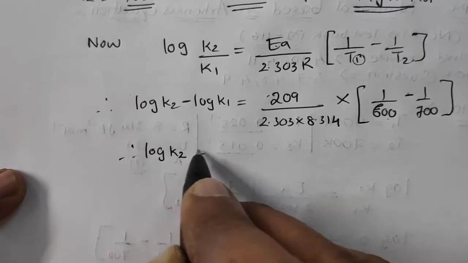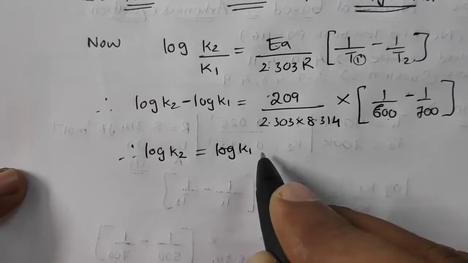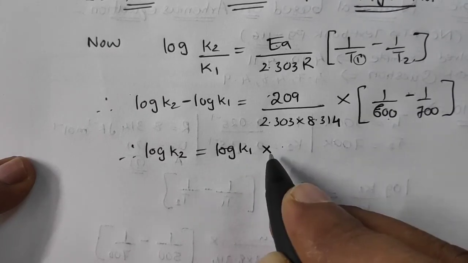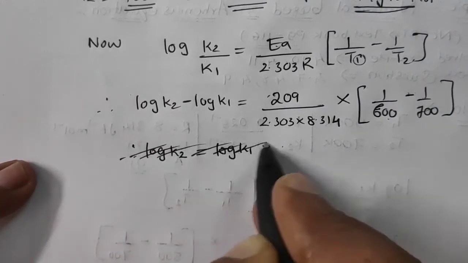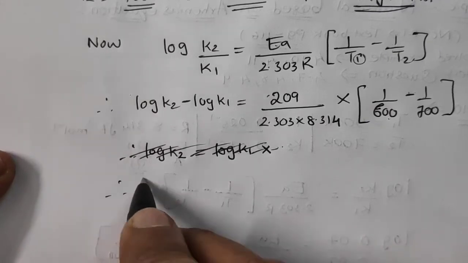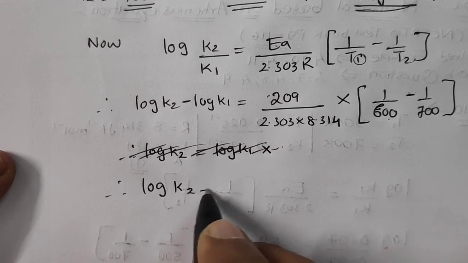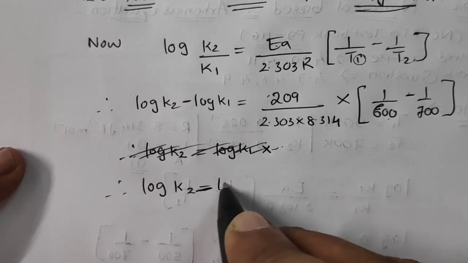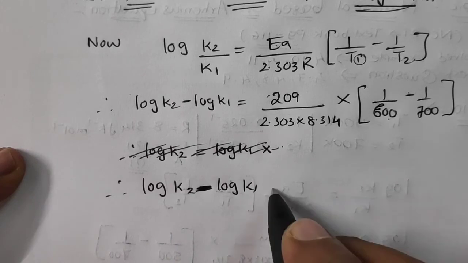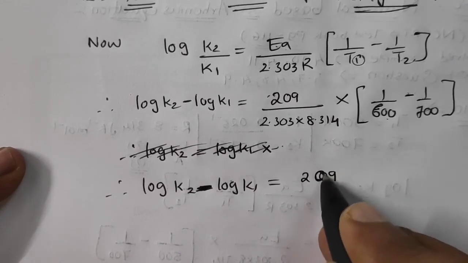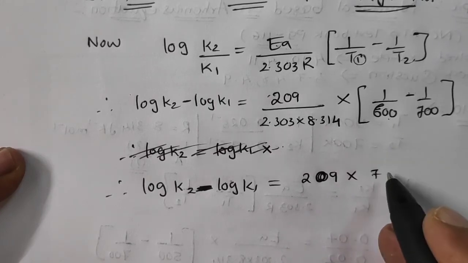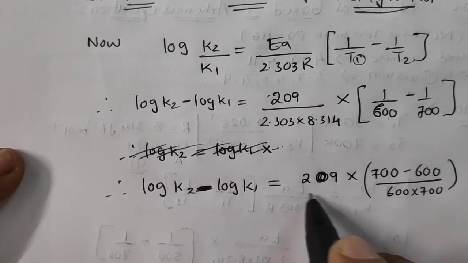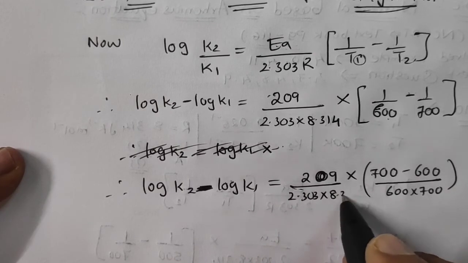Log K2 minus log K1 is equal to 209 into 700 minus 600 divided by 600 into 700, whole upon 2.303 into 8.314.